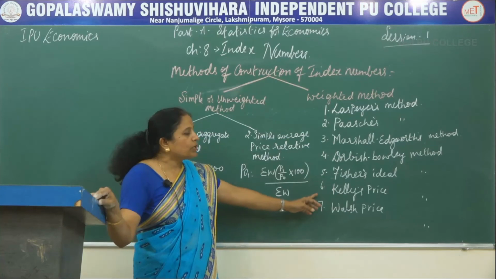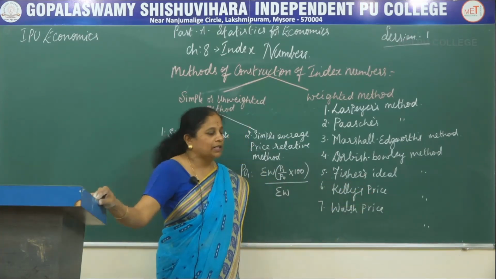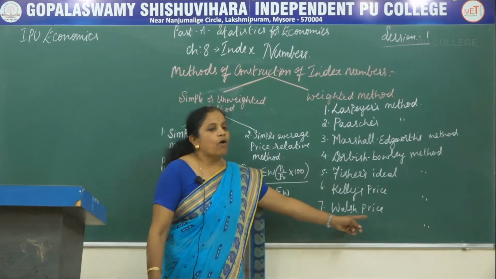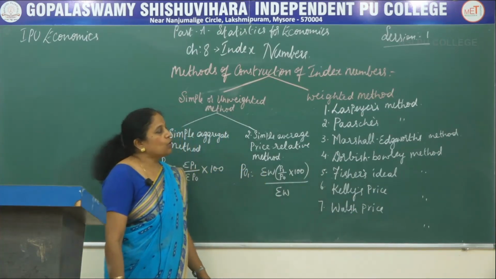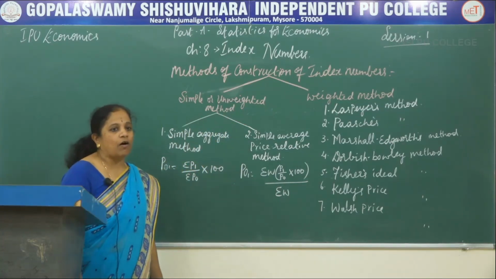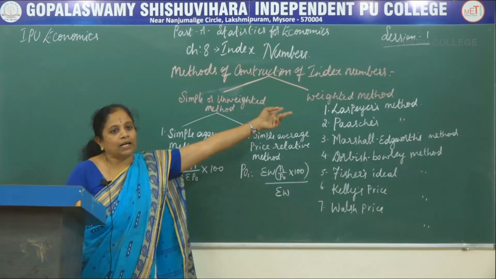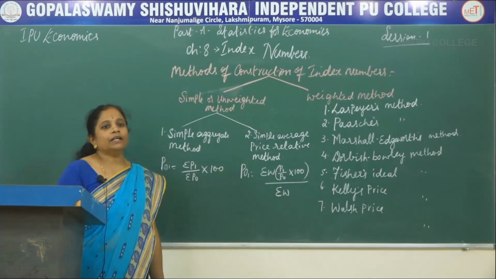The sixth is Kelly's price method, and the seventh is Walsh price method. So these are the two methods used in the construction of index numbers: the unweighted method and the weighted method.